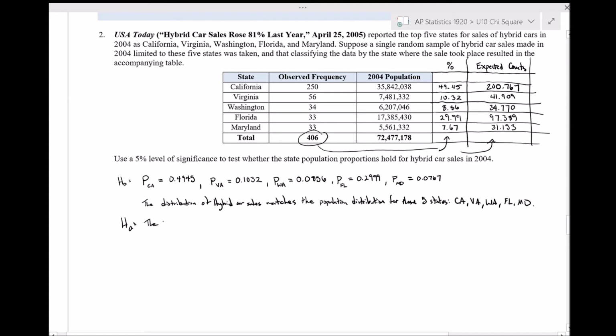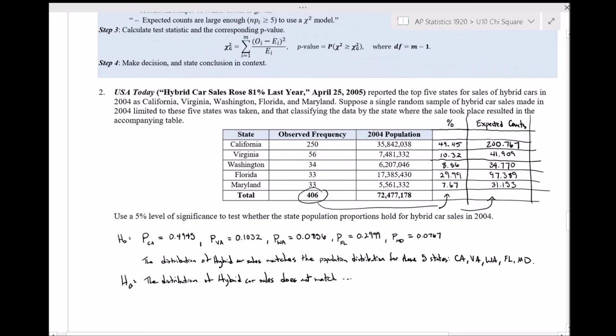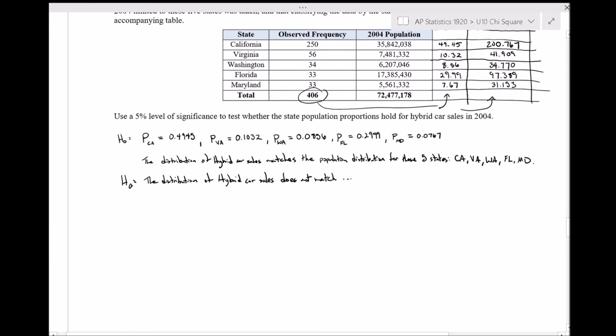So the distribution of hybrid car sales does not match... And what that means numerically or quantitatively is that one of those 5 categories, one of those 5 proportions, differs from those stated in the null hypothesis.